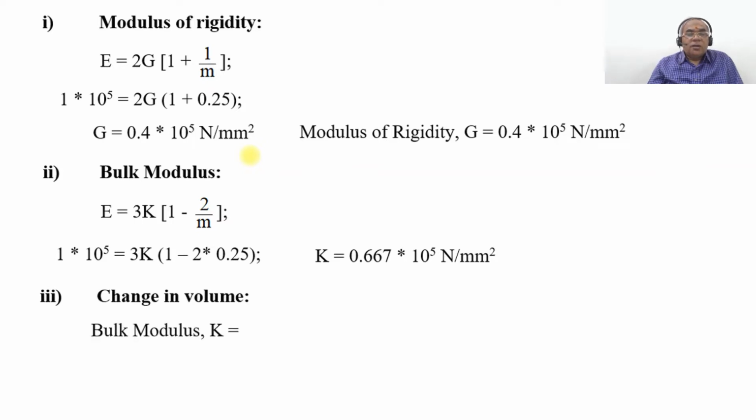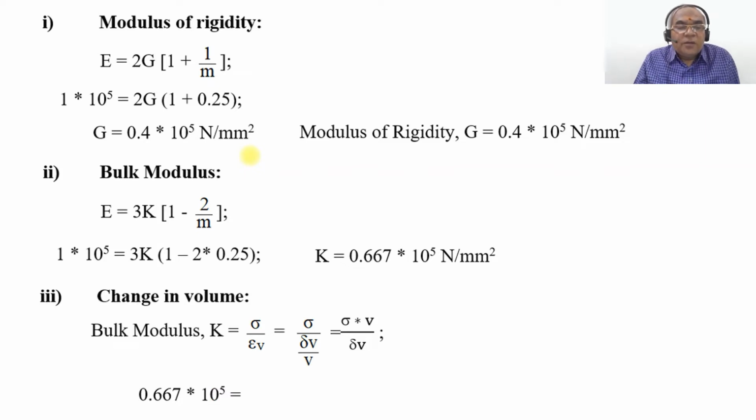K, the bulk modulus, is stress by volumetric strain, which is sigma by epsilon V. So sigma by delta V by V. So that is K equals sigma into V by delta V. So you know the value of K, substitute 0.667 into 10 to the power of 5.